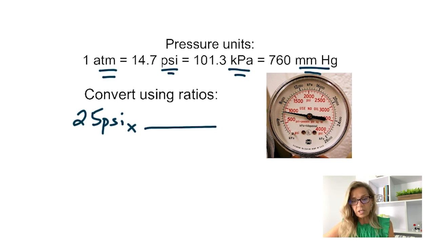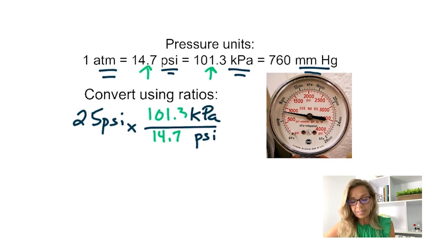If we know this relationship between pressure units, we can convert from one to another. So I'm going to put psi on the bottom, and the unit that I want, kilopascals, on the top. Now, all I have to do is go up here to my equality, right? These are the same thing. So 14.7 psi is the same as 101 kilopascals.